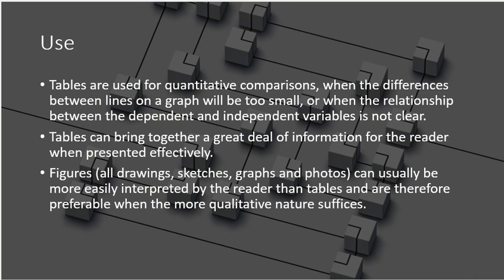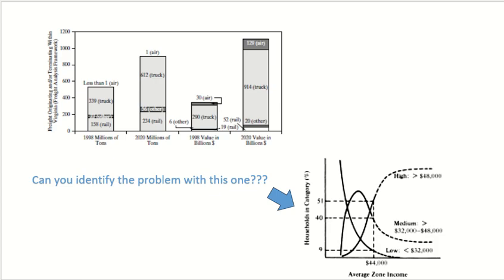Okay, so for example, now you see here. They put the numbers as well, but forget about the numbers. You can see which bar is the lowest and which bar is the highest. You can see it, right?